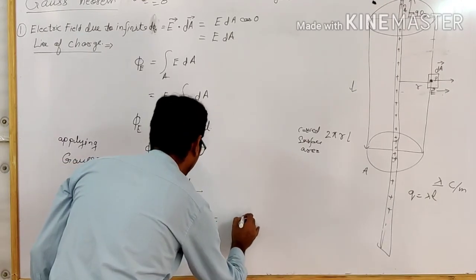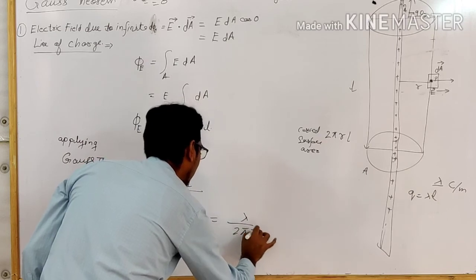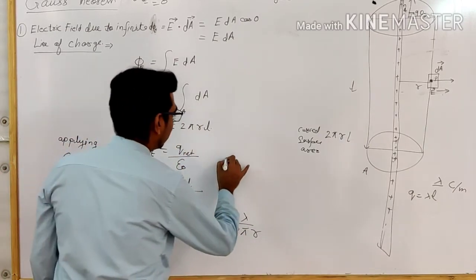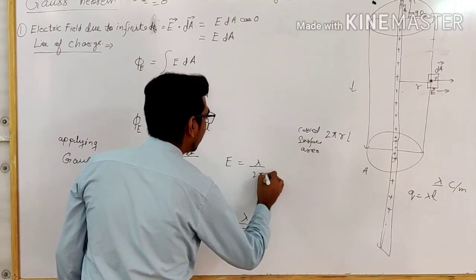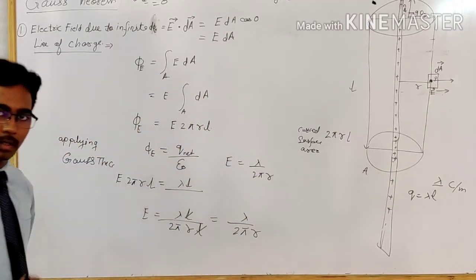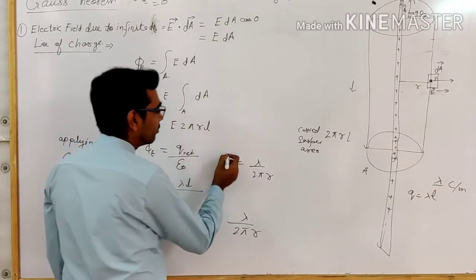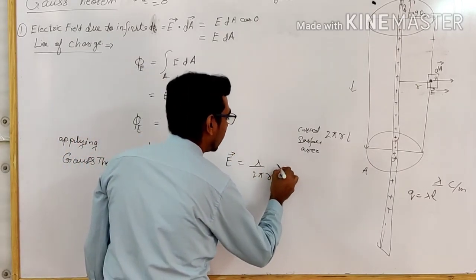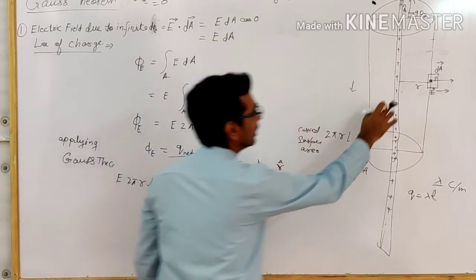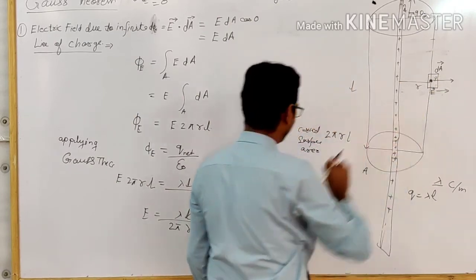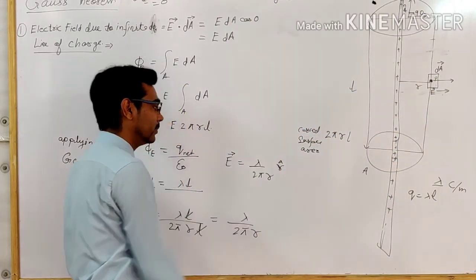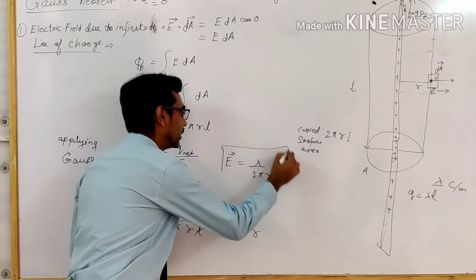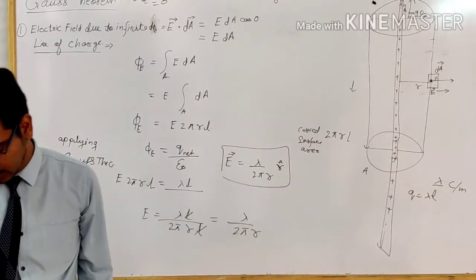Your electric field will be lambda upon 2 pi r. Got it? Want to write in vector form? r cap, because the electric field is along this radius line. Just to give the direction, no complete bar, only the cap, the unit vector. This is the electric field due to a line charge distribution.